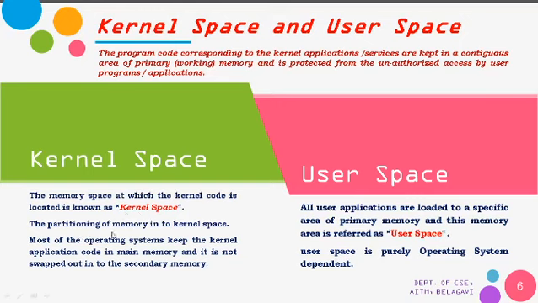So most operating systems keep the kernel application code in main memory, and it is not swapped out into the secondary memory here. So they are all kept in the main memory or primary memory here. User space: all user applications, okay, so your WhatsApp or Facebook, are loaded to a specific area of primary memory, and this memory area is referred to as the user space here. And user space is purely operating system dependent here.